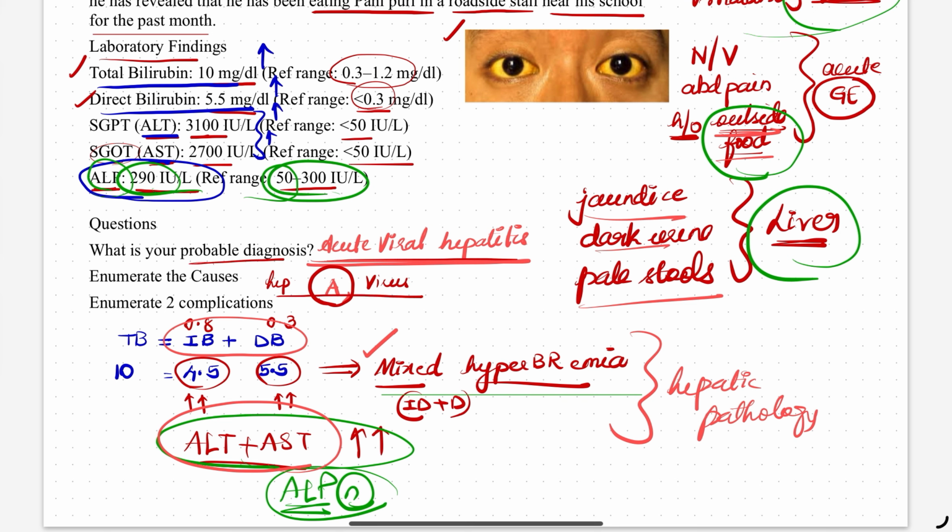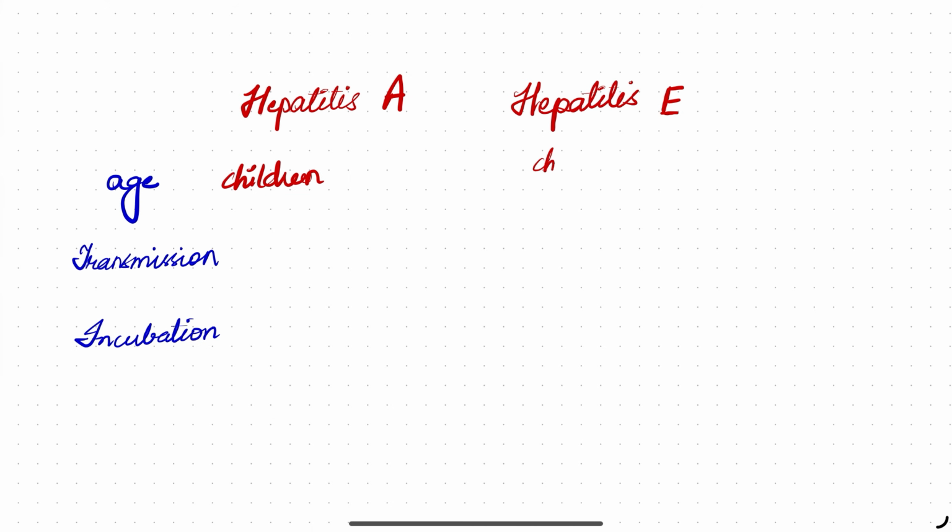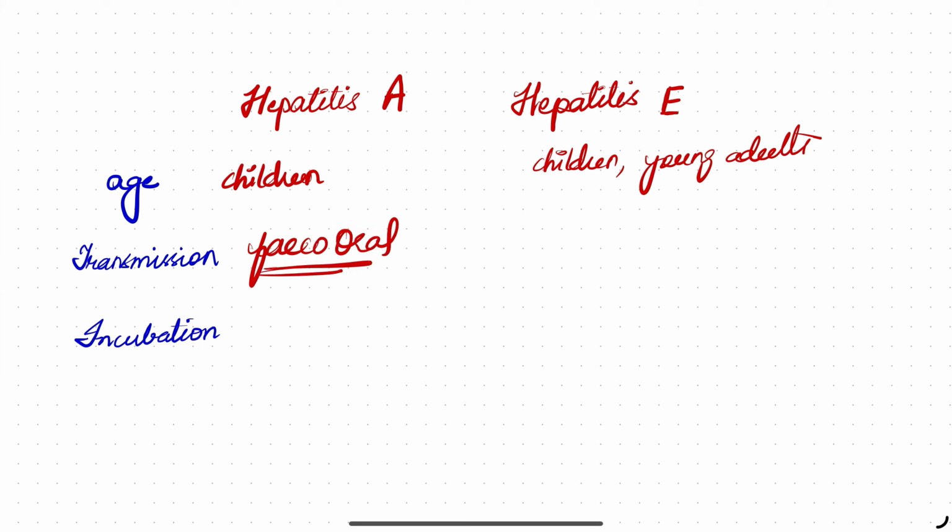So hepatitis A and hepatitis E, let's see the differences. The common age group for hepatitis A is children and young adults. For hepatitis E, children and young adults are also affected. Hepatitis A has the fecal-oral route of transmission. Hepatitis E also has this fecal-oral route of transmission.